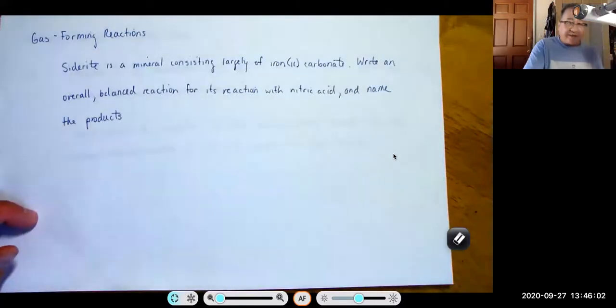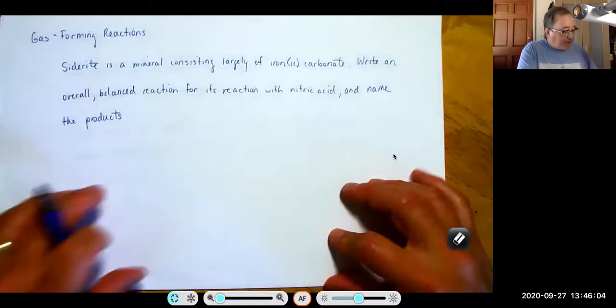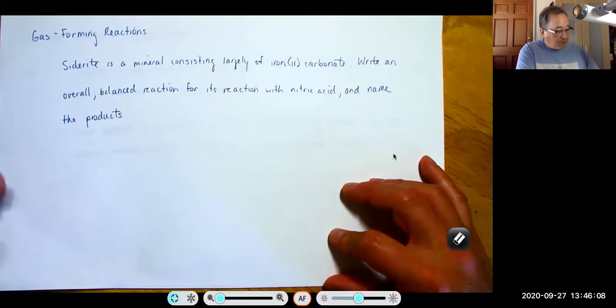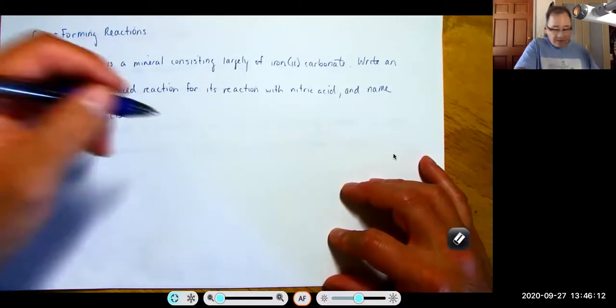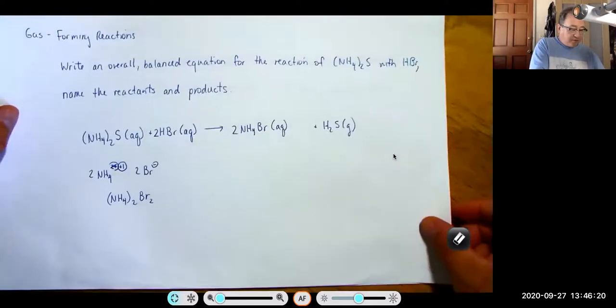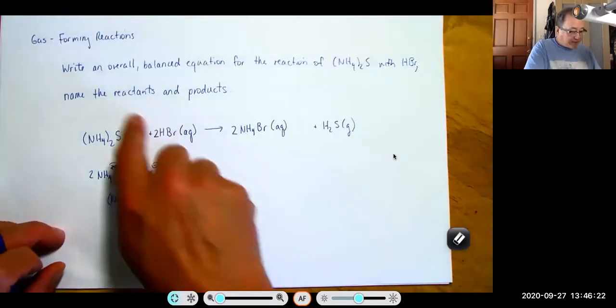And here's the last example for this section. Siderite is a mineral consisting largely of iron 2 carbonate. Write an overall balanced reaction. Name the products. Oh, and that reminds me, I don't think I finished part of the previous problem here, which is name the reactants and the products.